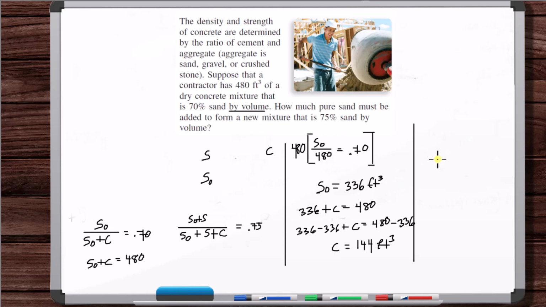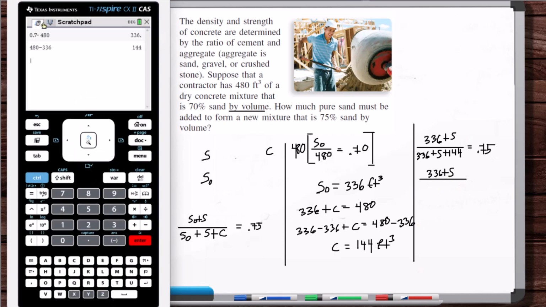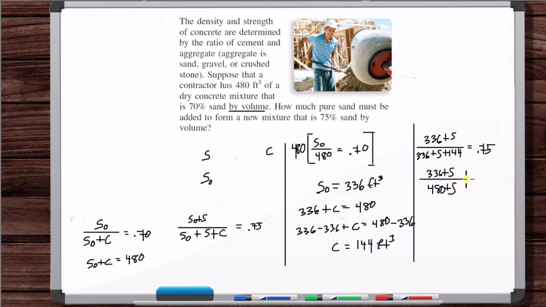it looks like a rational equation. So S naught plus S, 336 plus S, over S naught plus S plus C, 336 plus S plus 144, is equal to, okay, so 336 plus S over 336 plus 144, 480 over 480 plus S is equal to 0.75.